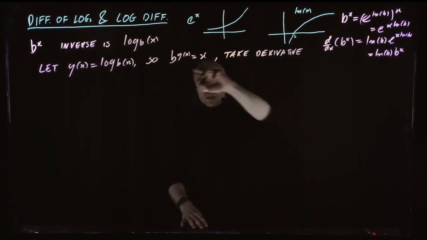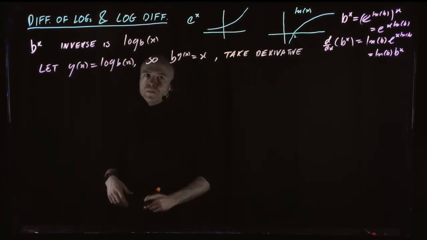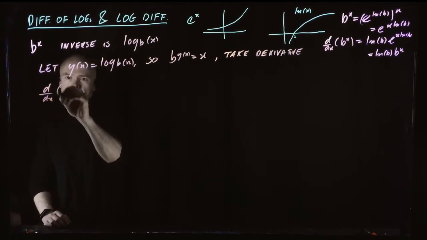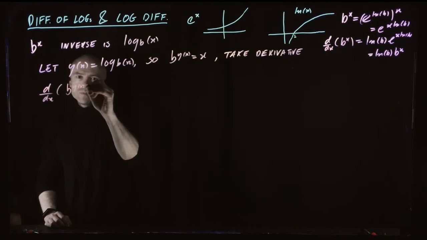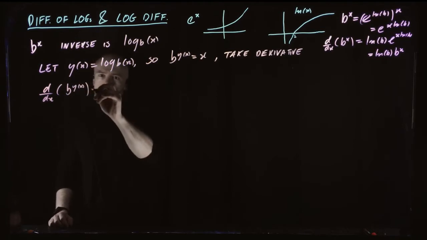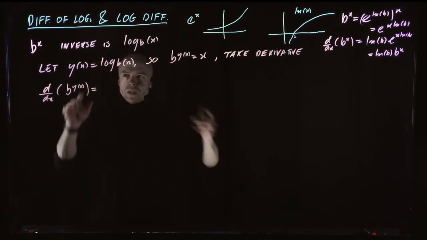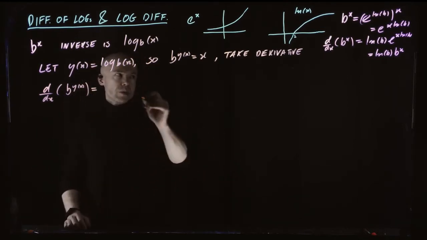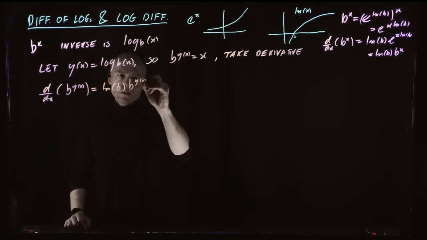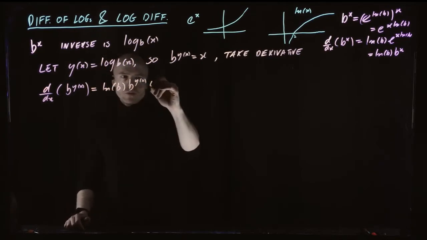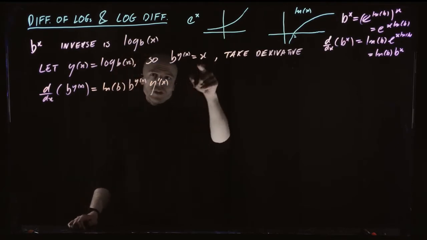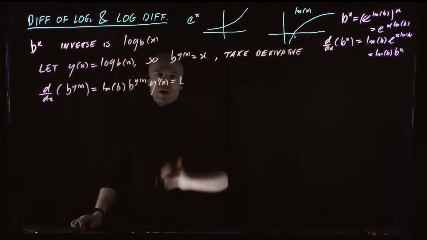Okay, so we need that because we need to differentiate this expression here. If we take the derivative d by dx of b to the y of x, the outer function is b to the x, the one we just discussed, the inner function is y of x. So by the chain rule, it's the derivative of the outer function applied to the inner function, so it's going to be log of b times b to the y of x, and then we multiply by the derivative of the inner function, y prime of x. And if we differentiate the right-hand side, differentiating x with respect to x, we just get 1.